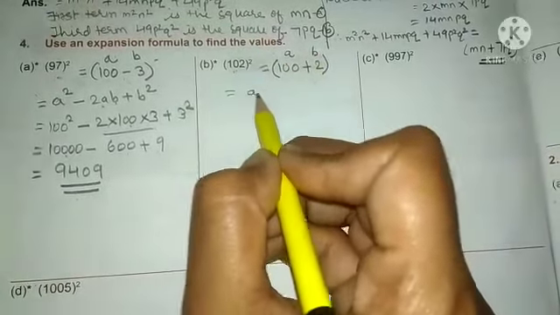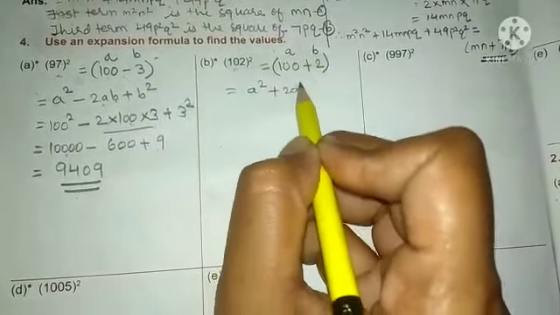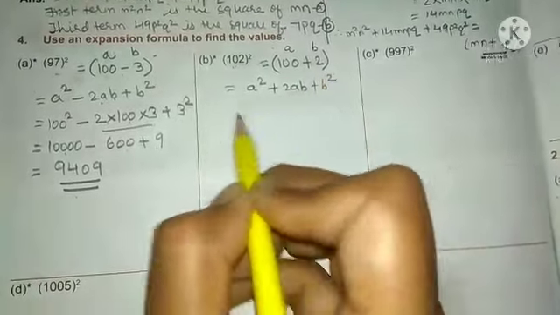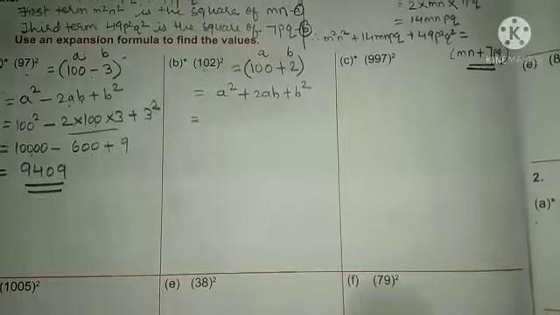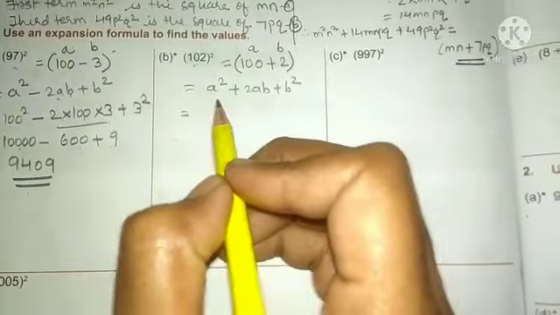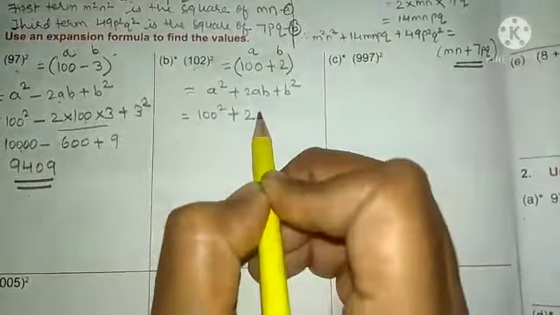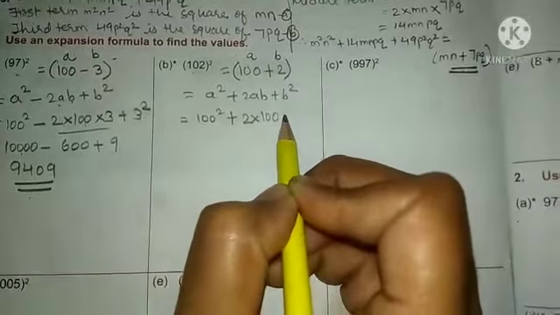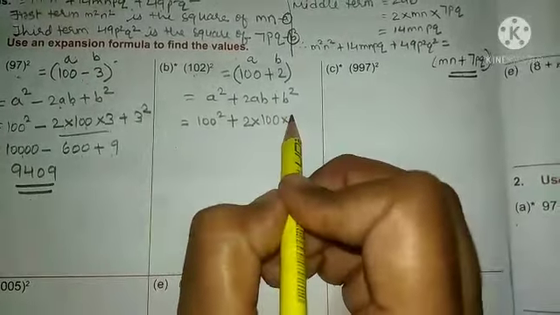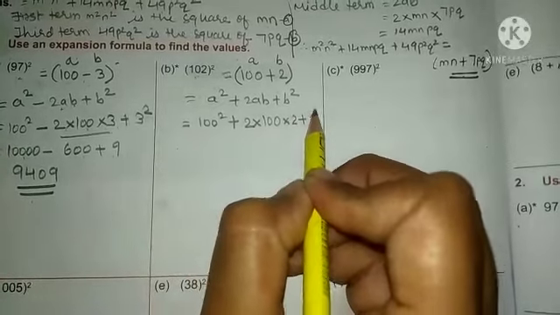So use the expansion formula, that is A square plus 2AB plus B square. Now, so what you will do? In the place of A, what you will take? You will take 100 square. 2 will come as it is. Again A is given, means 100 you will take. Multiply by B. B means what you will take? 2. And B square means 2 square.